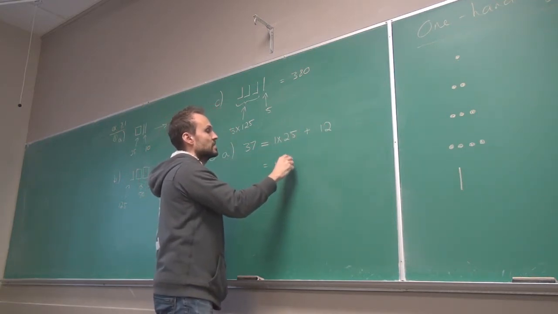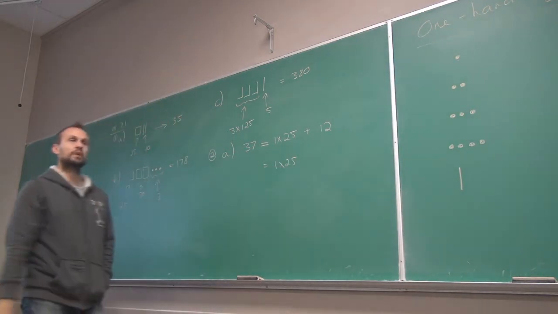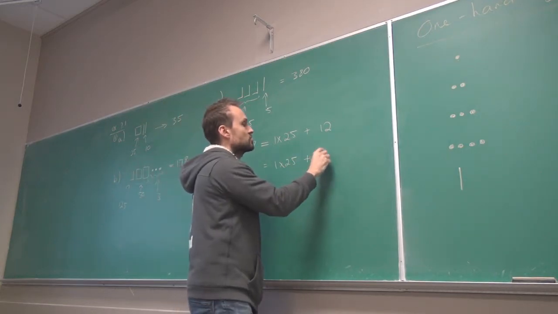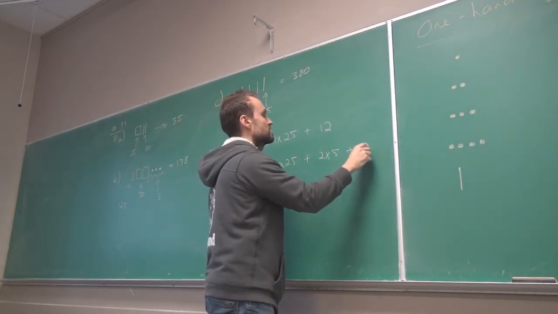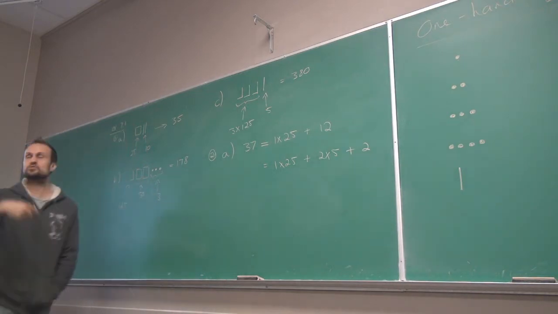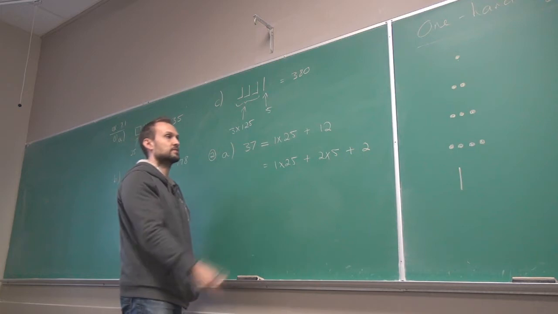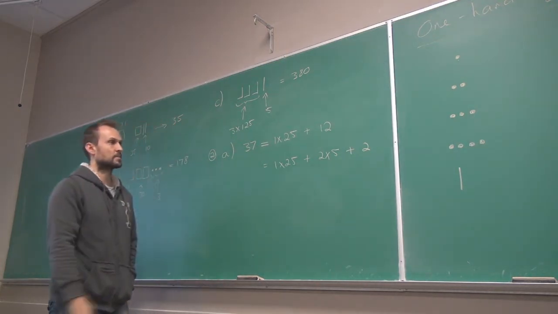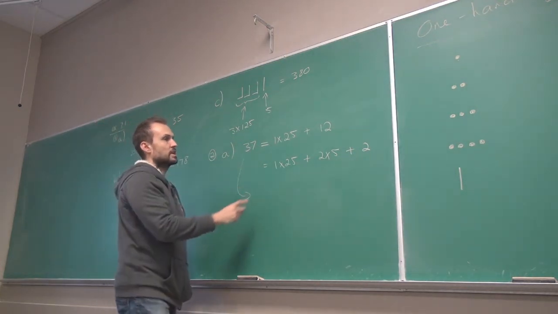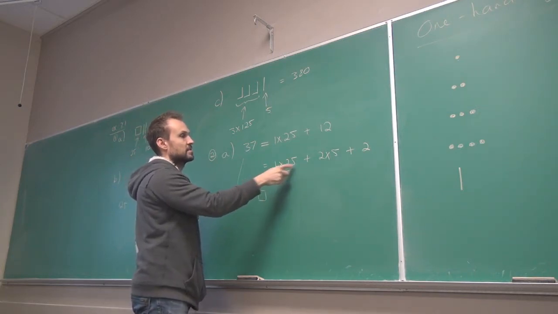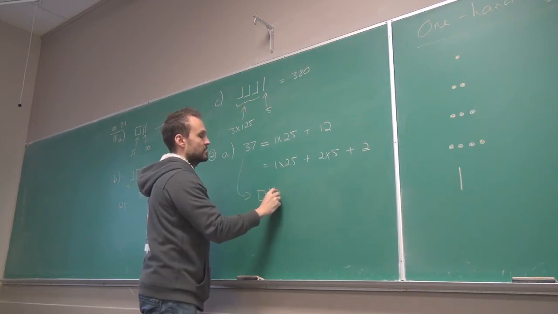But 12 is still too big for just rocks. So I can make that 2 groups of 5 plus another 2, or 2 singles. It's exactly the same as for the Babylonian conversion in this direction, just with 5s. So now 37 will be 1 hand, 2 fingers, and 2 rocks.